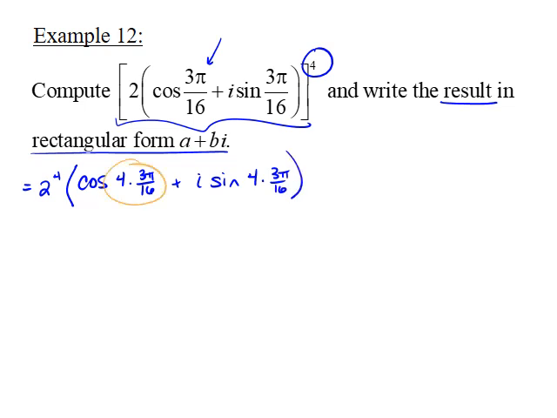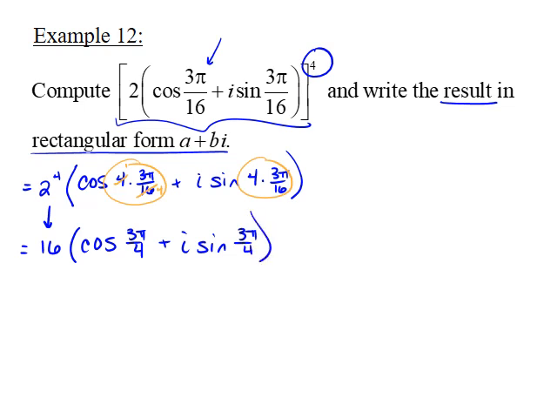So I need to simplify this and reduce it. 4 goes into 4 once and into 16 4 times. So don't forget to raise 2 to the power of 4, giving us 16 times cosine of 3 pi over 4 plus i sine of 3 pi over 4.